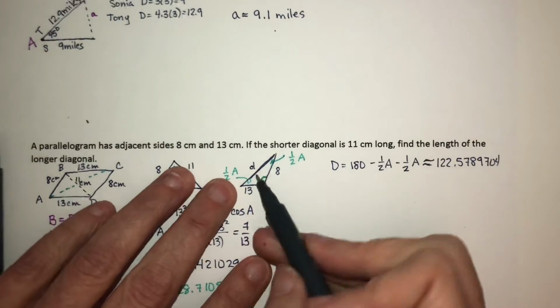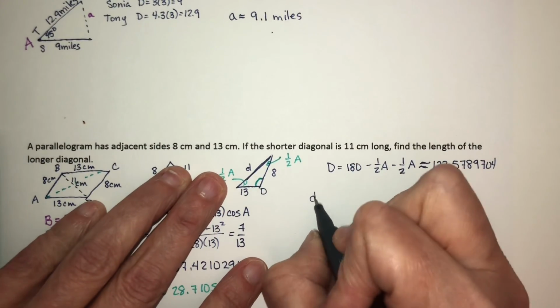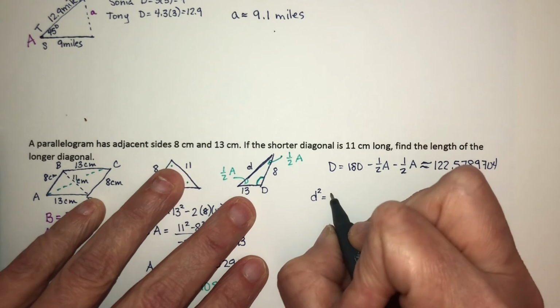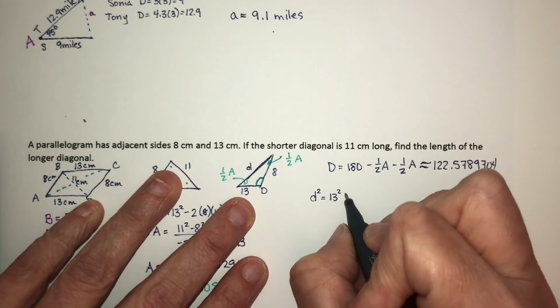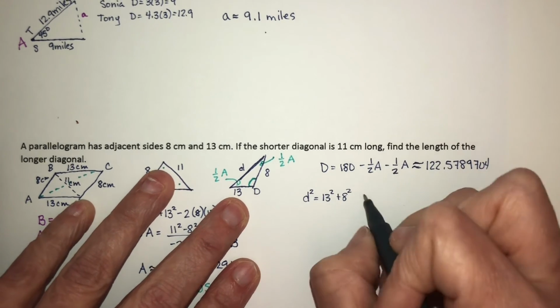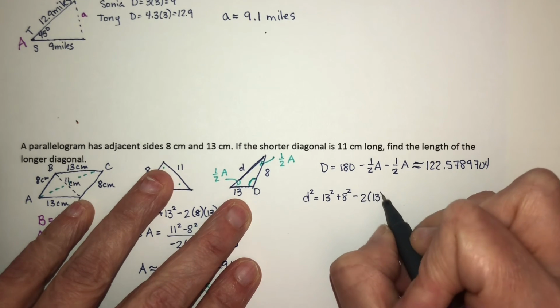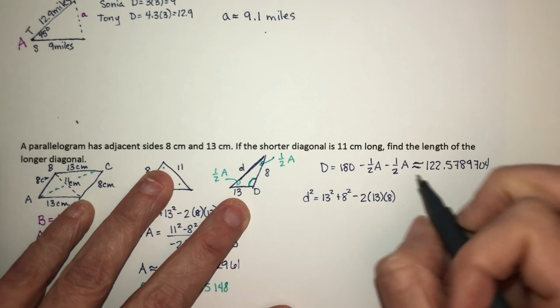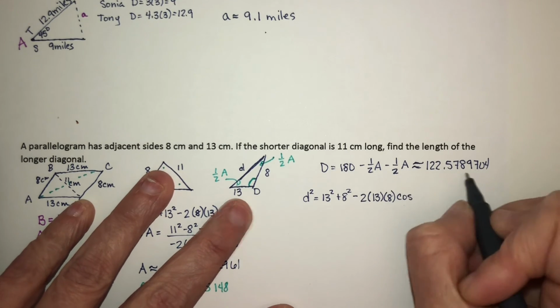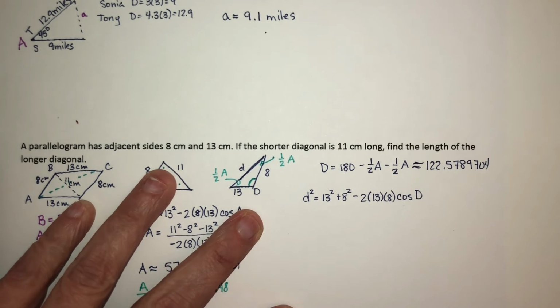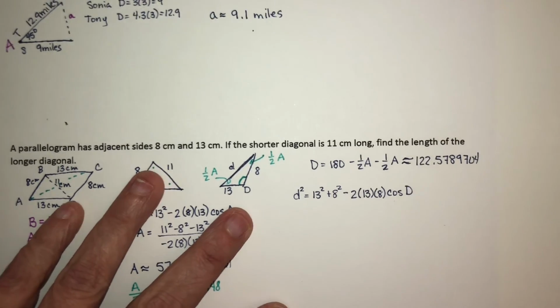Now I'll use the law of cosines here. We have d squared is equal to 13 squared plus 8 squared minus 2 times 13 times 8 times cosine of angle D, which I have in memory.